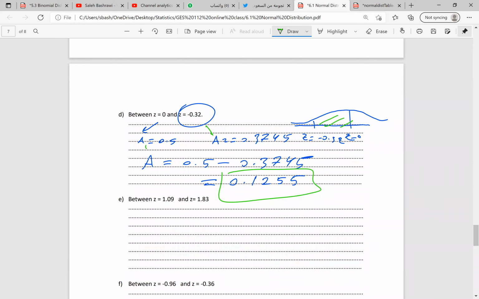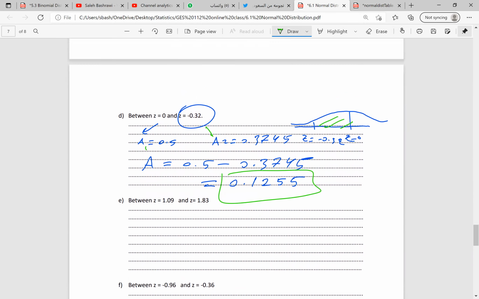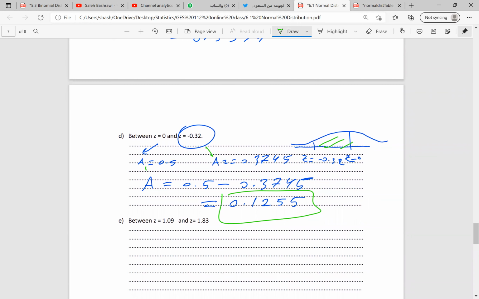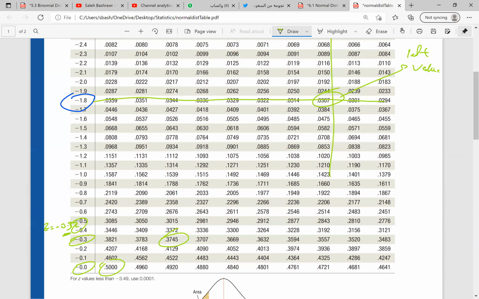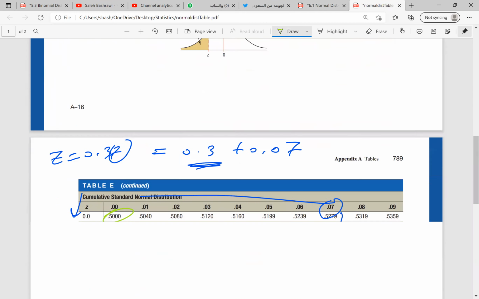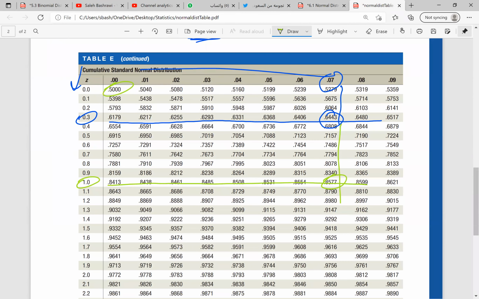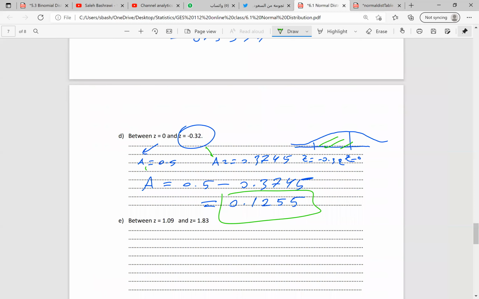Now between z equal to 1.09 and z equal to 1.83. Okay, this is the last one. I have z equal to 1.09; .09 is the last column. This is 1.0, and 0.09 is the last column, which gives 0.8621. So this one will give me 0.8621.